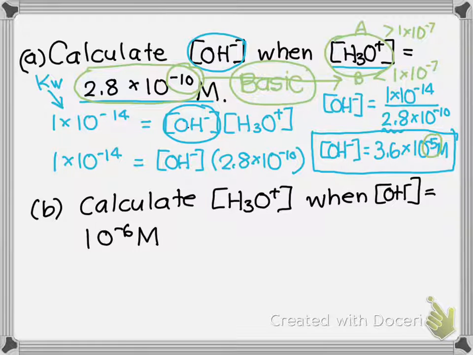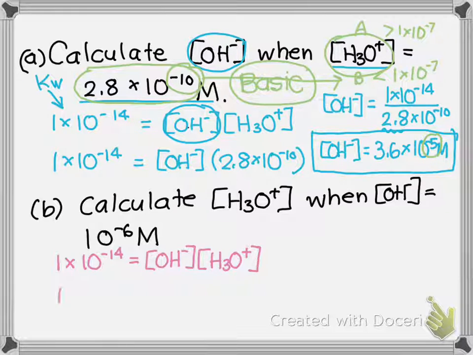And this does a similar thing, except instead of giving us the hydronium ion, or H3O+, we're given the hydroxide ion, or OH-. So I know that these two numbers multiplied together at room temperature would be 1 times 10 to the negative 14. So this is a given equation right here.